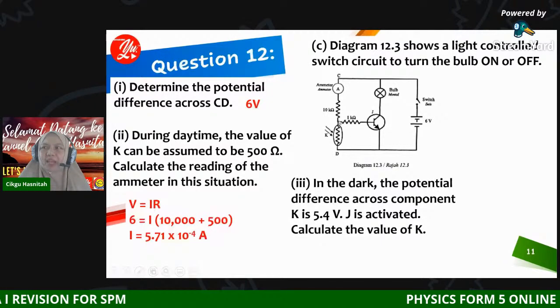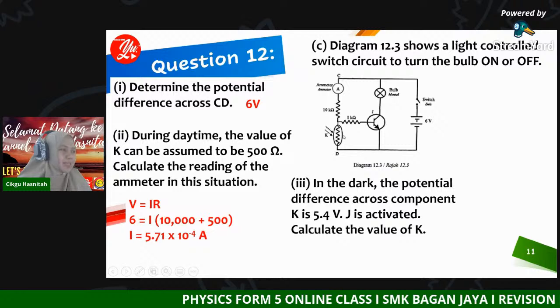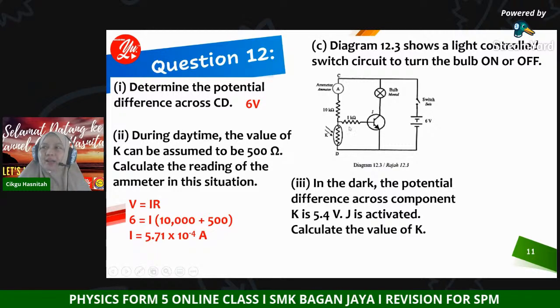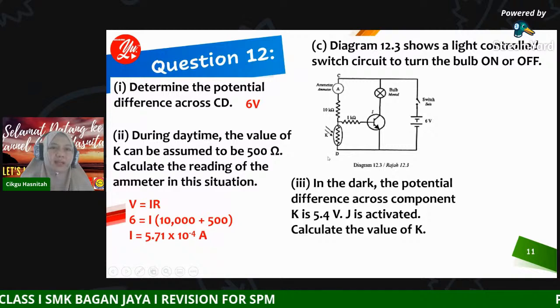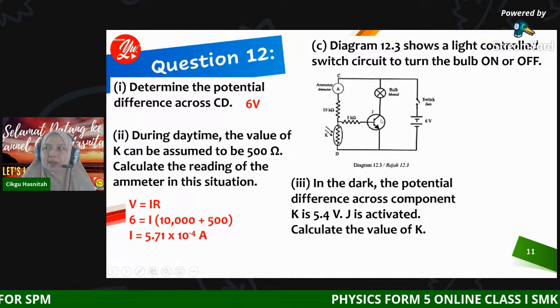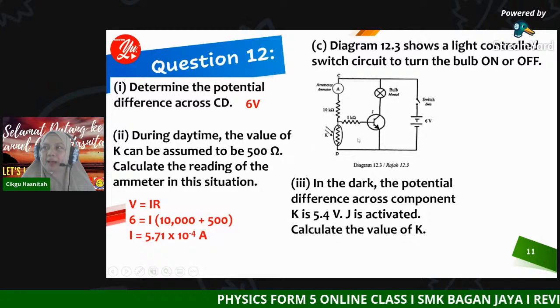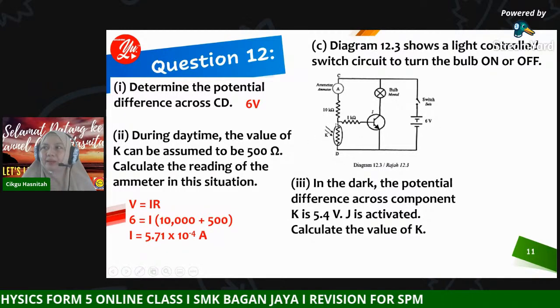Before that, can you tell us what this electronic component K is called? J is a transistor, an NPN transistor. How about K? Can you recognize this symbol?